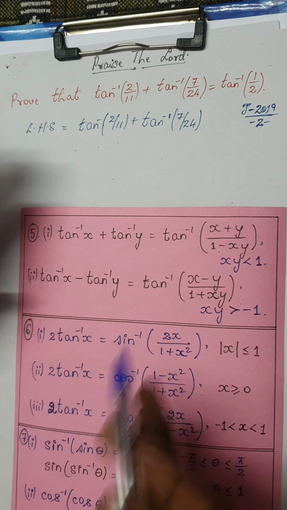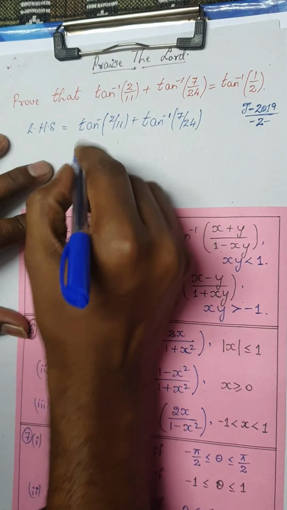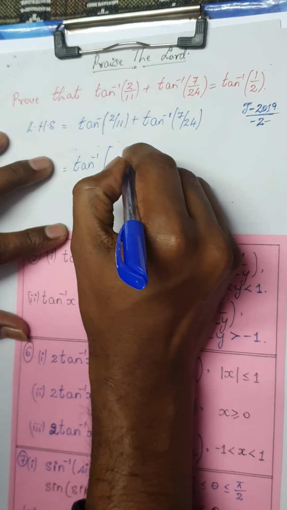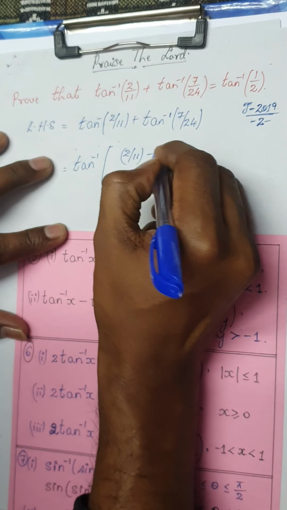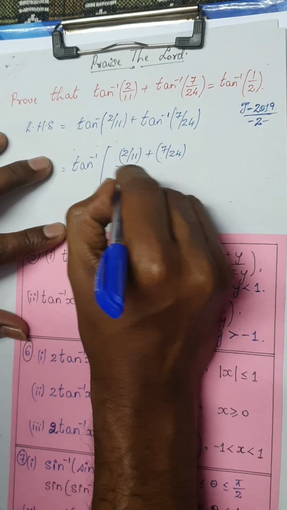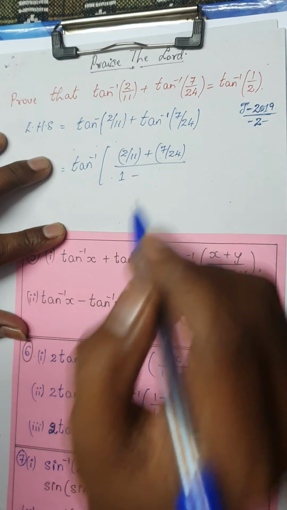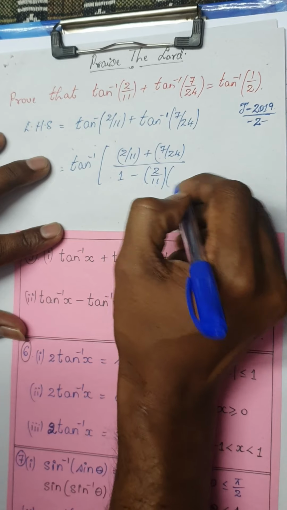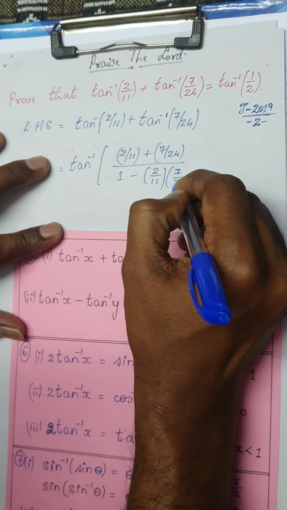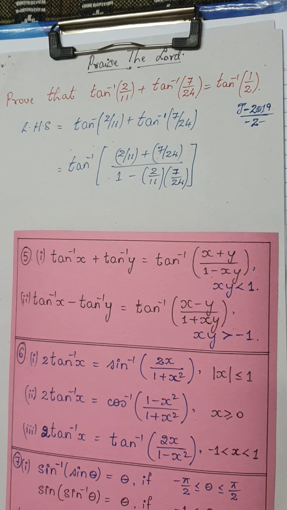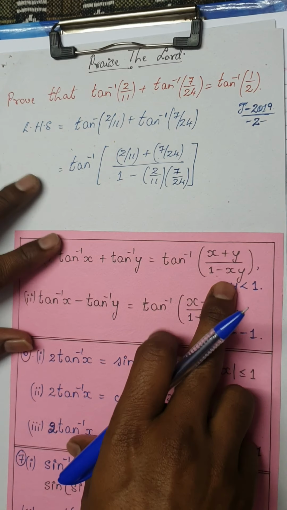Okay, so according to this formula, I'm going to get tan inverse of (x plus y), that is 2 by 11 plus 7 by 24, divided by 1 minus x into y, that is 2 by 11 into 7 by 24. Okay, we have just used the property.